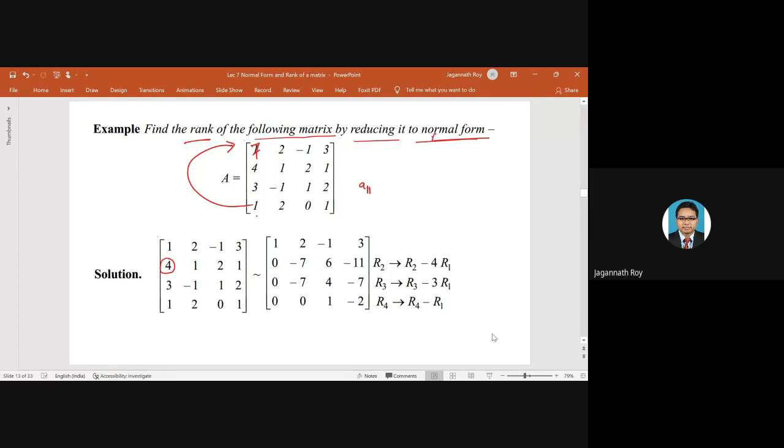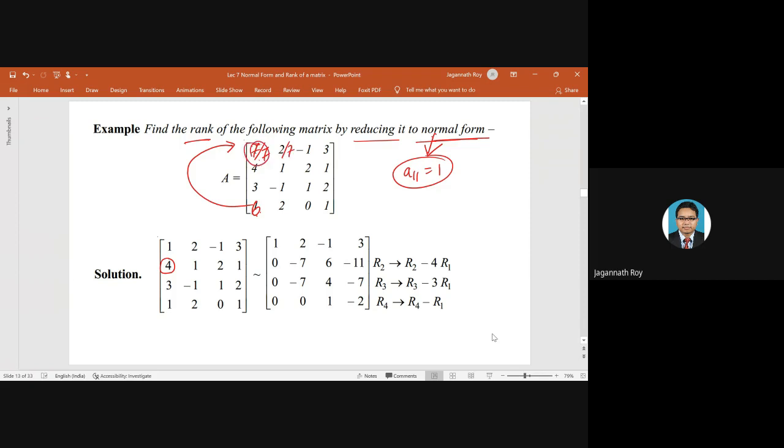Remember, if you want to find the normal form, the first task is to make A11 as 1. For example, if this is 6, no row operation or column exchange is possible. If this is 7, this is 6, and this is 1, then your target should be to make it 1 by column exchange. If nothing is possible by exchanging the columns or rows, and 1 is not coming, then you have to divide by 7.